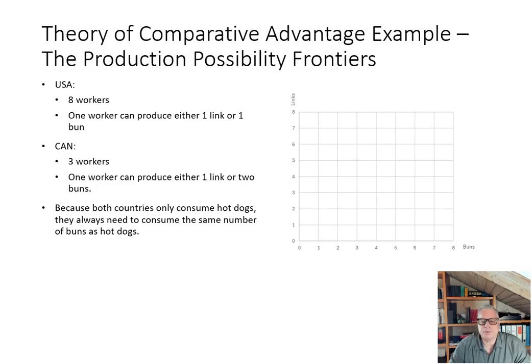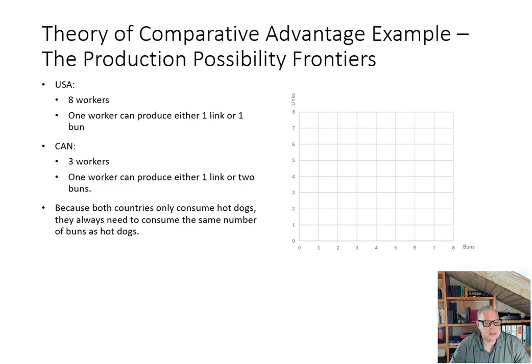We will work through an example, and the objective of this example will be to show that trade is a positive sum game, and that through trade each country can consume more than what it individually can produce.